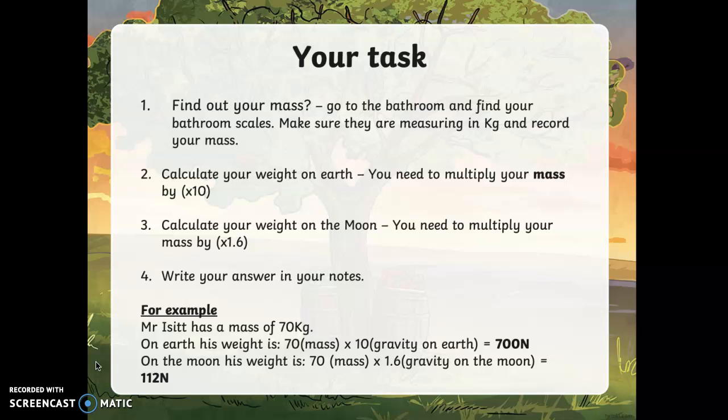On Earth, my weight is 70 multiplied by 10, which gives me a weight of 700 newtons. On the moon, however, my weight is 70 multiplied by 1.6, which gives me a weight of 112 newtons. Okay, a sixth of what it would be on Earth.